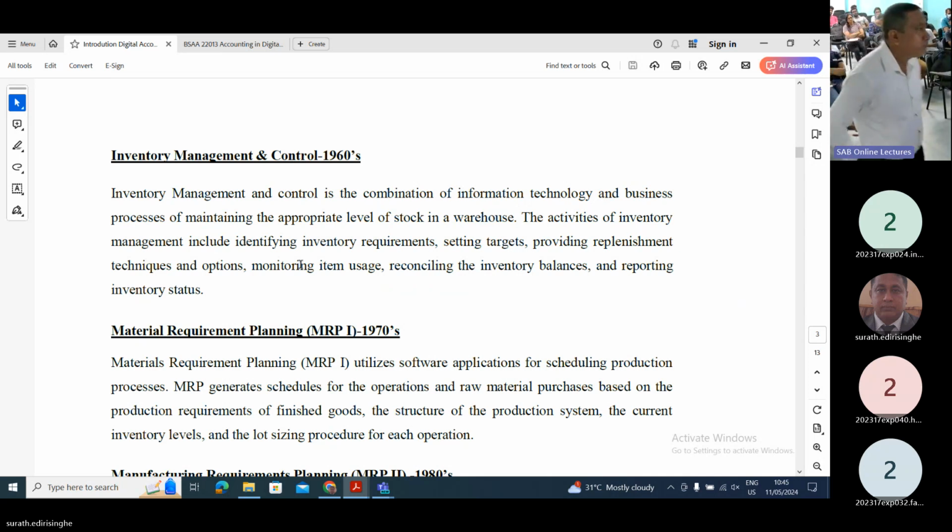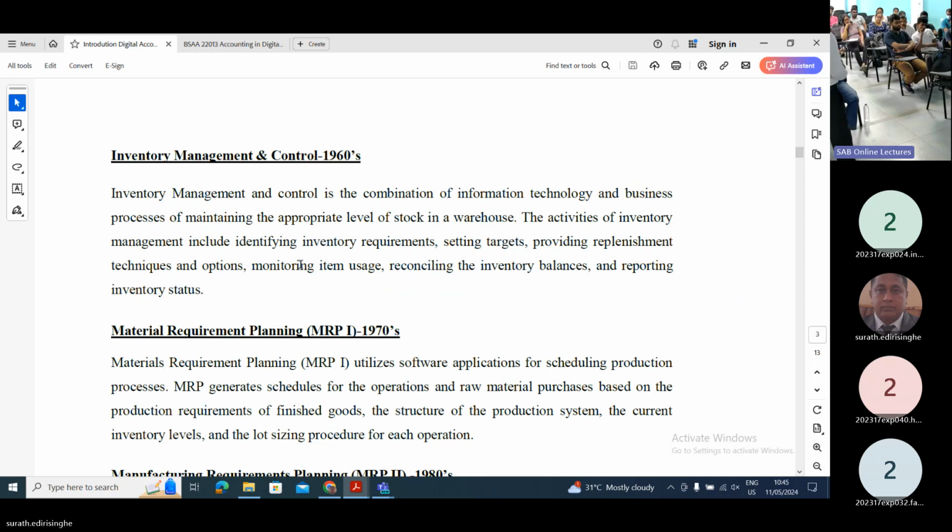In the 1950-60 period, it was developed based on the company requirement: to manage the inventory at their warehouse, to identify the inventory requirement and inventory usage.